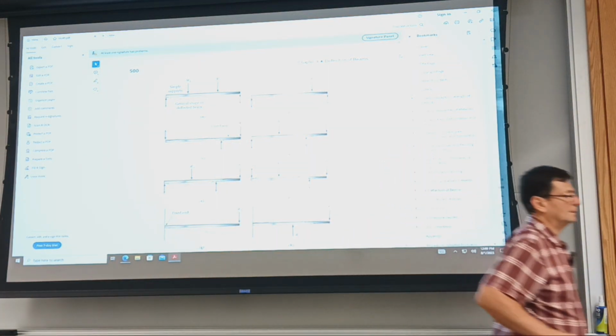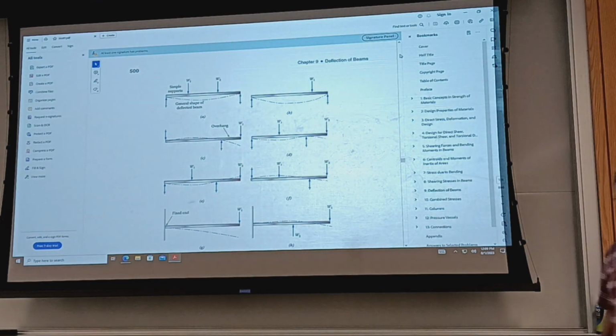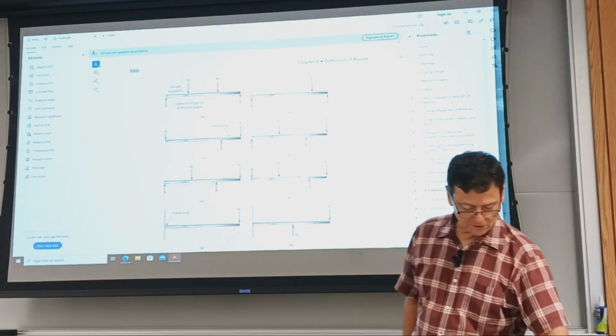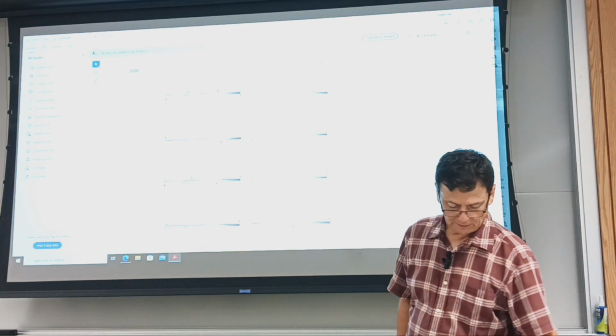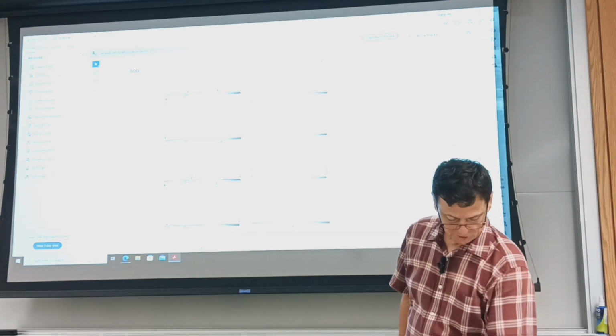So there are recommendations. They're repeated here, like how much deflection per foot or per inch in a structure for various applications.